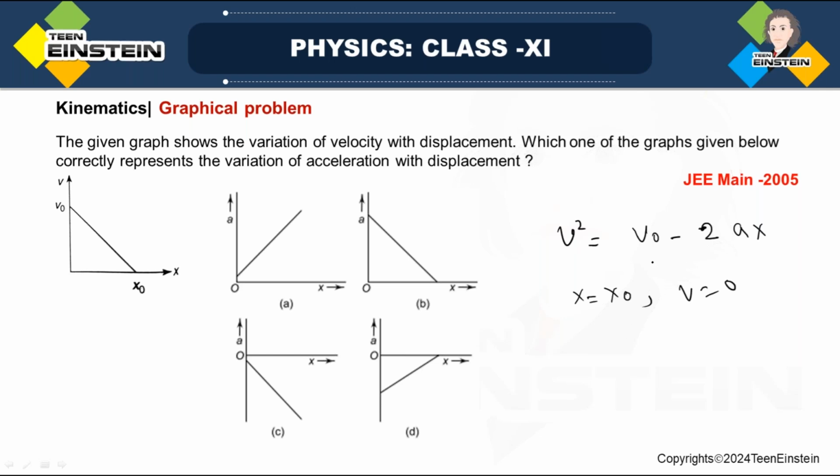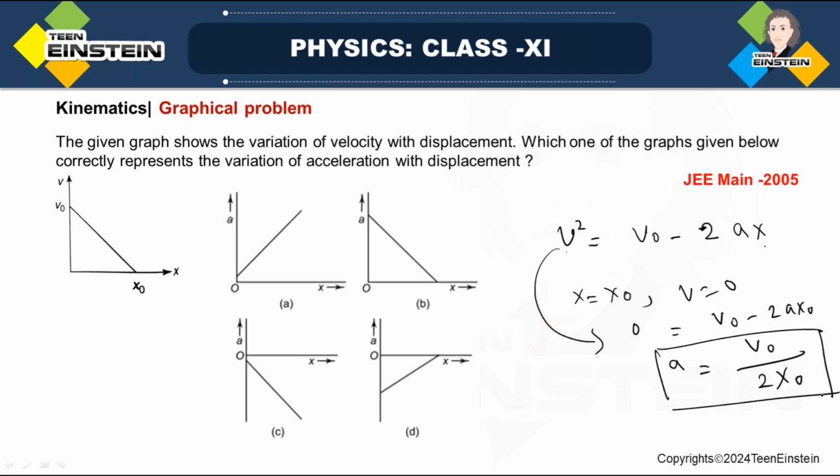Then what do we get from here? 0 equals v0 square minus 2ax0. So what will be a? Acceleration will be v0 square by 2x0. This is the acceleration, I can say.